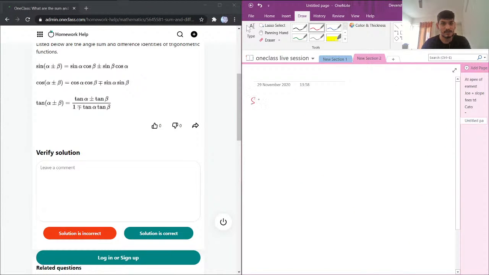So sine of alpha plus beta equals sine of alpha cosine of beta plus sine of beta cosine of alpha.